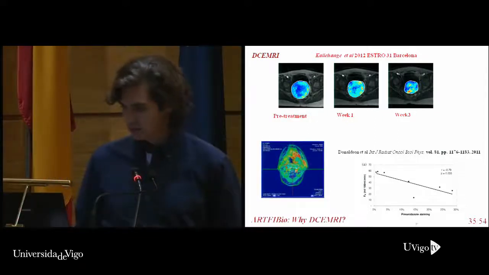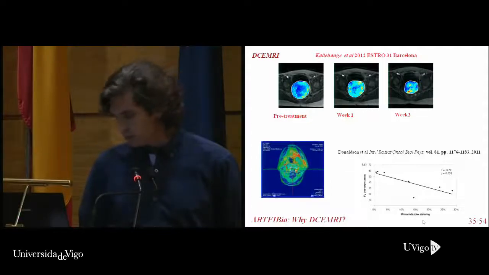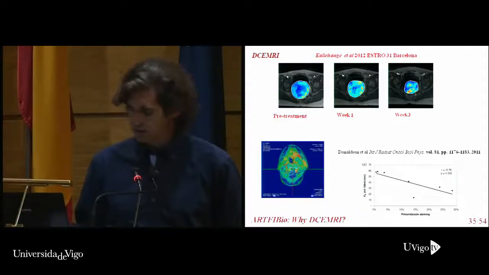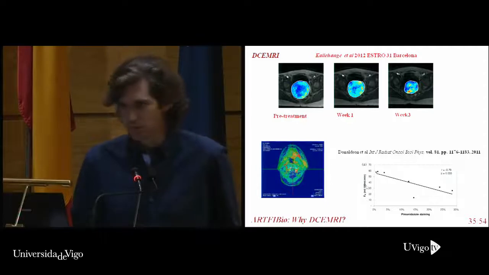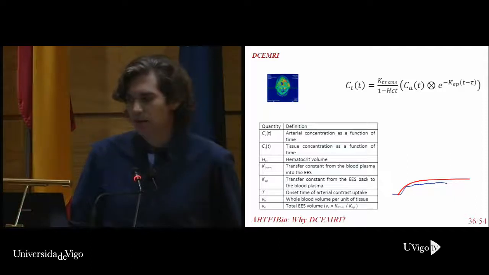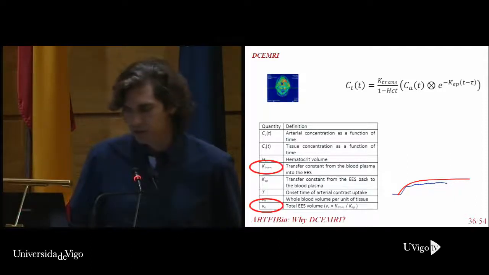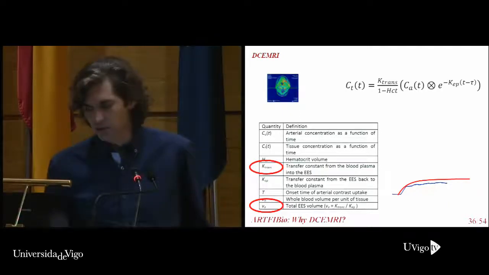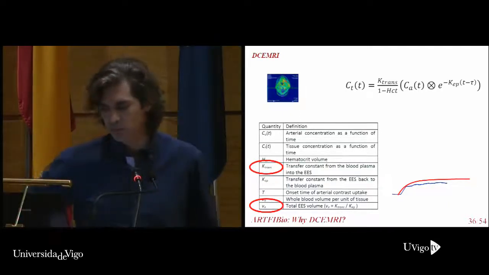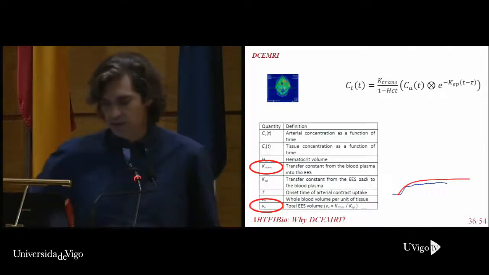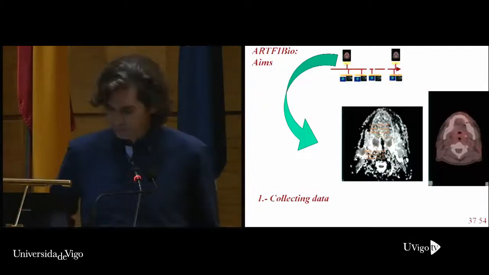Here you can see the pimonidazole staining. This is similar to Ktrans, but he doesn't use the Tofts model. He used another model, but it's a similar parameter. Here you have the expression of the Tofts model, and we are using these two parameters: Ktrans, that is the transfer constant from the blood plasma into the extracellular extravascular space, and Ve, that is the extracellular extravascular volume.